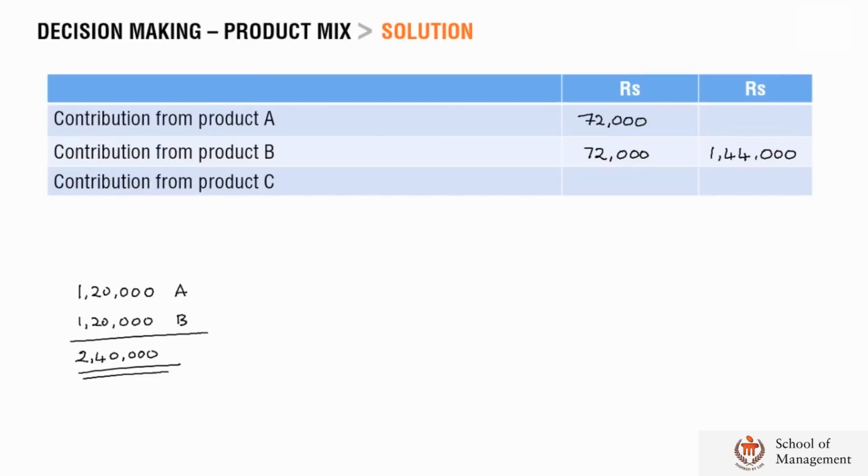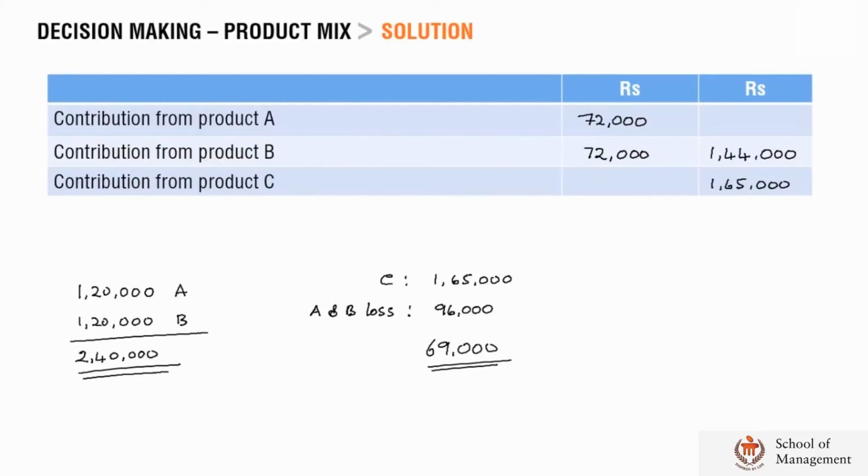However, you can see that the loss in contribution of 96,000 rupees is more than made up by the extra contribution that we have generated from product C. If you remember, the product C gave us a contribution of 1,65,000 rupees. Therefore, as against C, which gives us 1,65,000, A and B loss is only 96,000, and so we stand to make an extra 69,000 rupees.